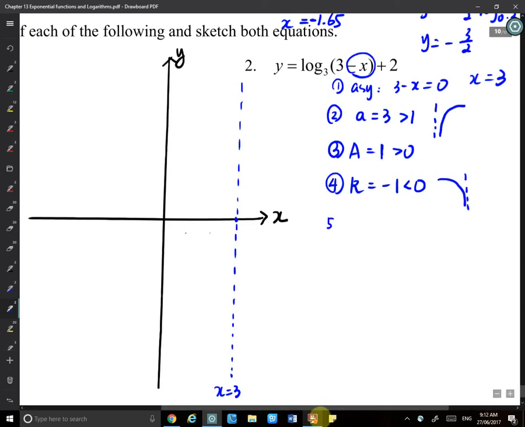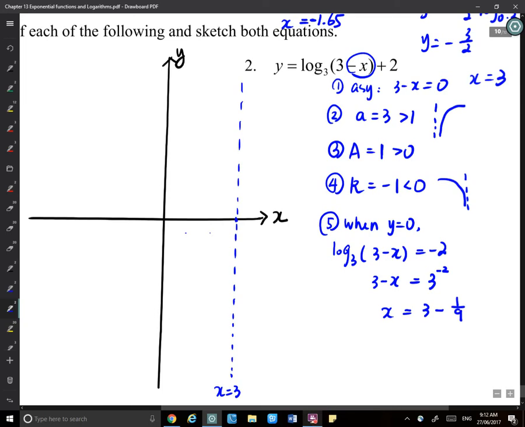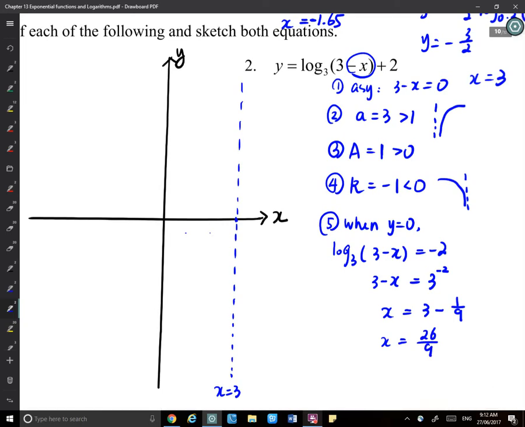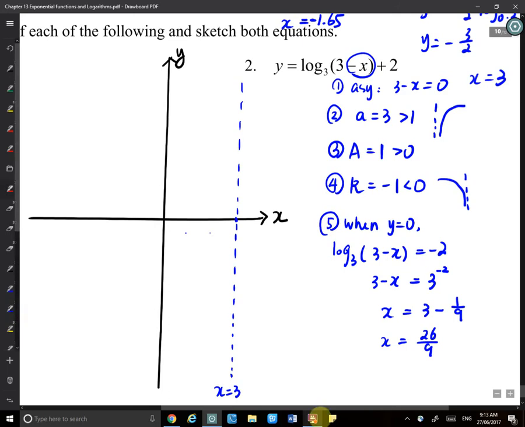Okay. Number 5, when y equals 0, log 3 of (3 minus x) plus 3 equals 0, so log 3 of (3 minus x) equals negative 3. 3 minus x equals 3 to the power of negative 3. x equals 3 minus 1 over 27, which is a point really close to here.